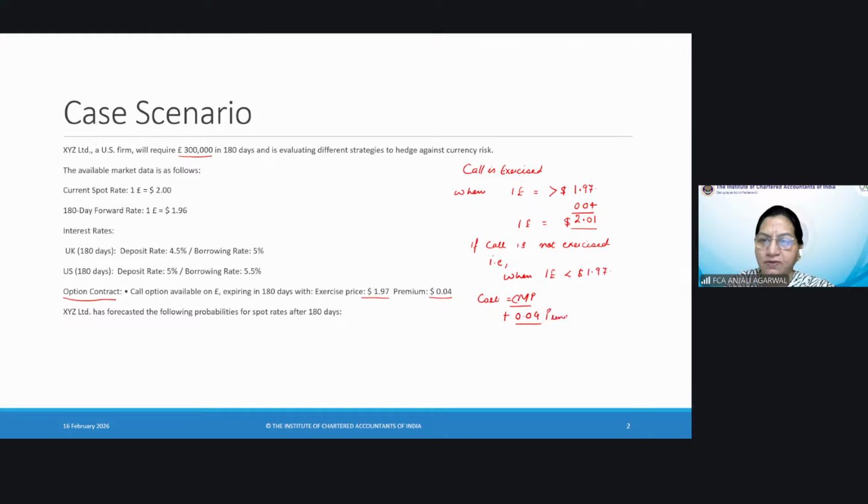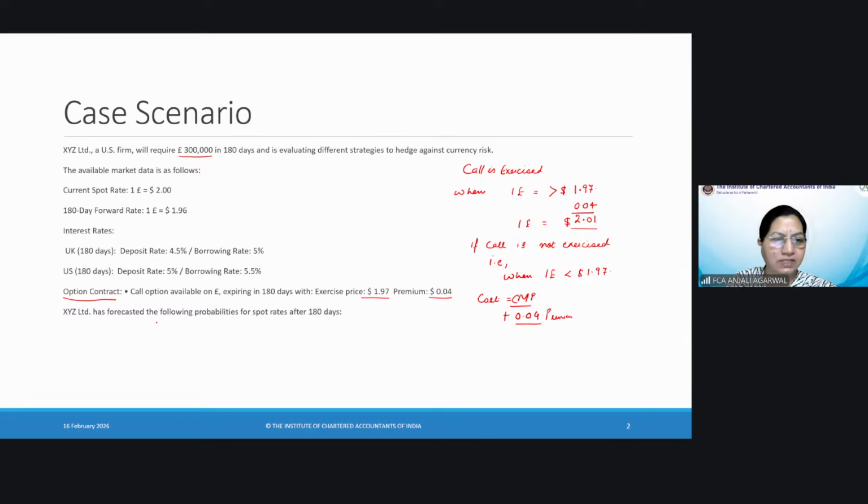Now there is a different way in which we will calculate the cost if the call is exercised or not exercised. So what will be the cost of 300,000 pounds in case of call options?